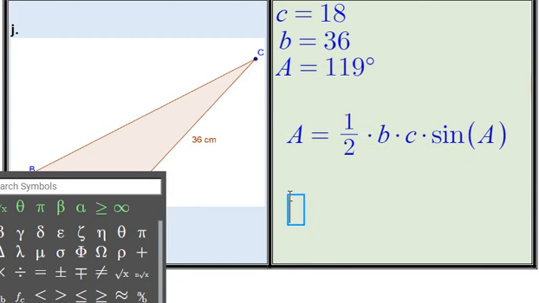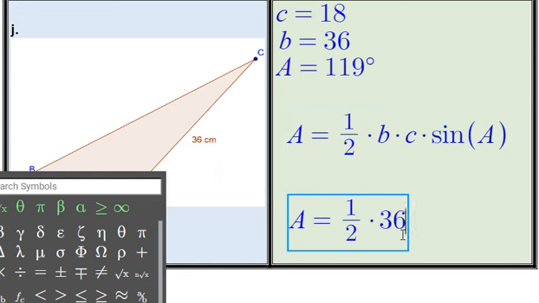And the next step is substitution. So area equals 1/2. B is 36. C is 18 times the sine of 119 degrees.